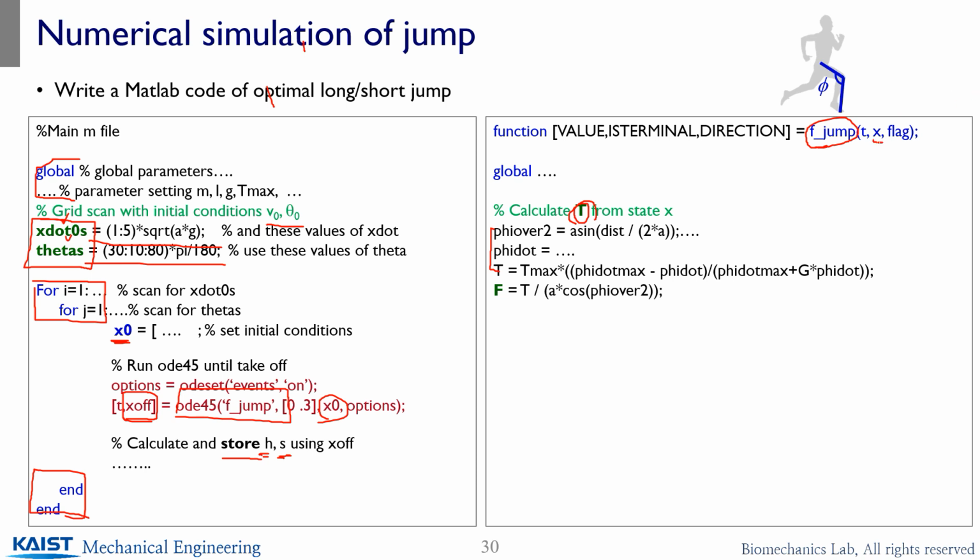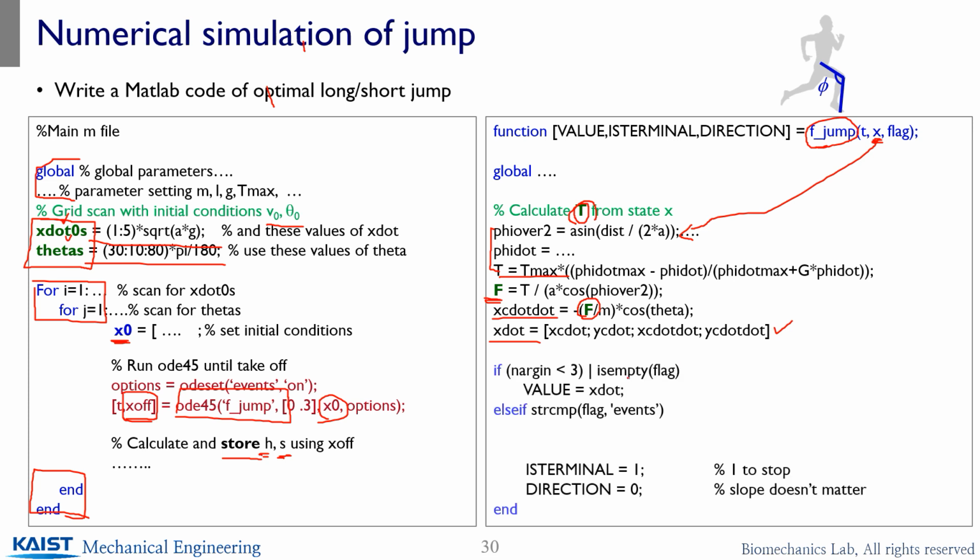The joint angle phi comes from state variable x, and with the phi dot information we obtain the magnitude of the joint torques. The joint torques have a relationship with the ground reaction force under the massless leg and point mass assumption. With that external force specified, you can calculate the acceleration. That's the part that solves the equations of motion.